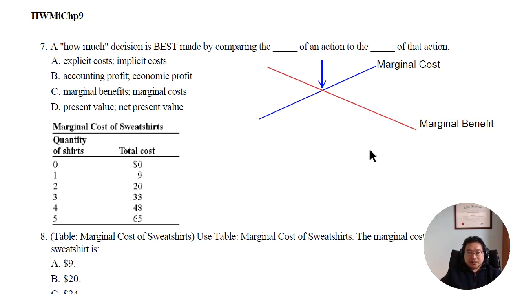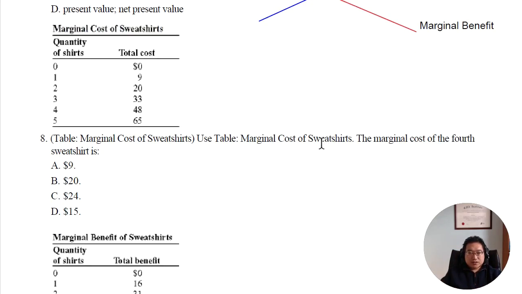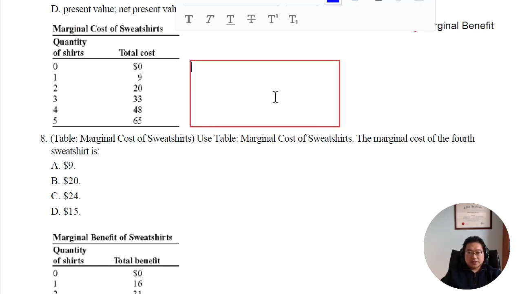Okay, let me go to question 8. We have a table, the marginal cost of sweatshirts. The marginal cost of the fourth sweatshirt. Let me just do the calculation here. Okay, the first one, marginal cost is what? 9 minus 0.